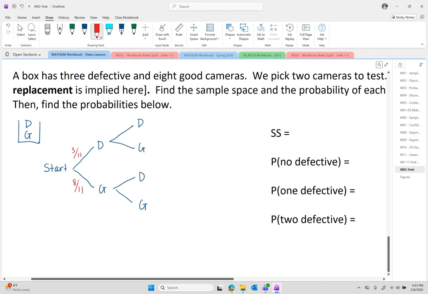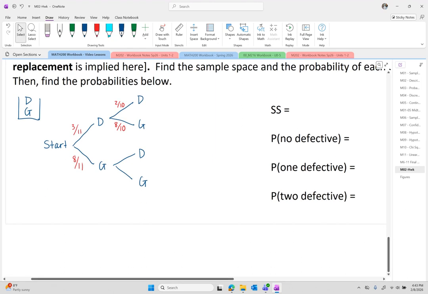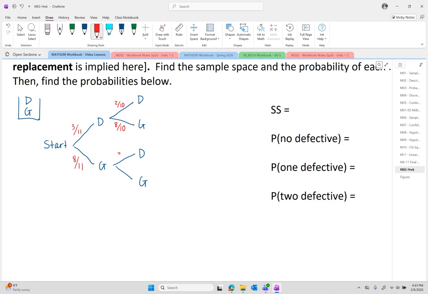If the defective is in your one hand and you are reaching with the other hand to pick another defective, it will be 2 out of 10. But if you pick the second one good, it will be 8 out of 10. If you are holding a good camera in your hand, you have only 7 good in the box, so you will have 3 out of 10 chances to get a defective and 7 out of 10 to get a good camera.